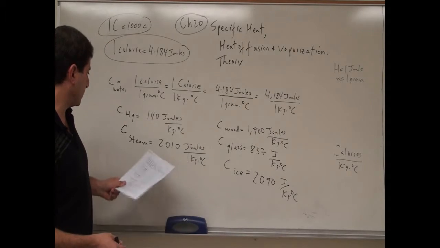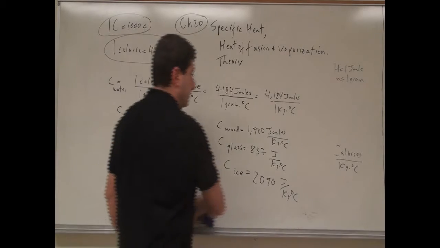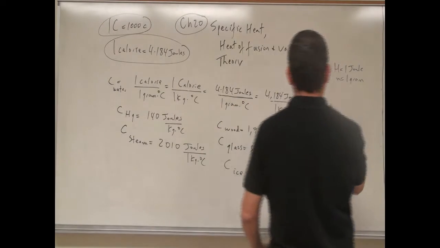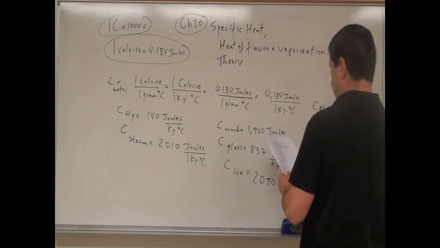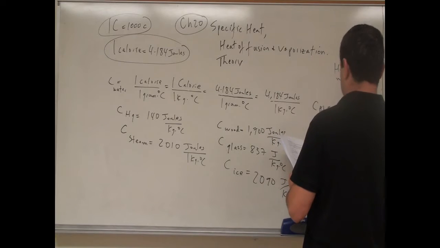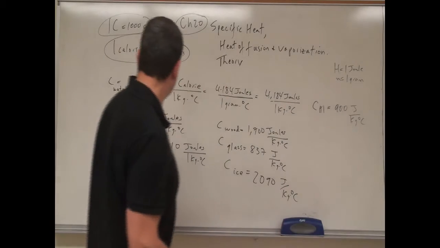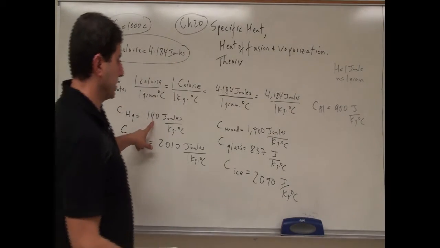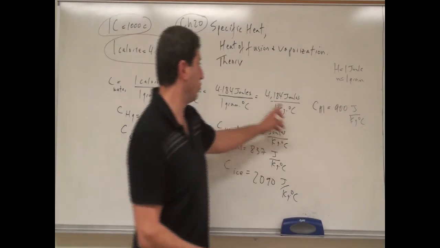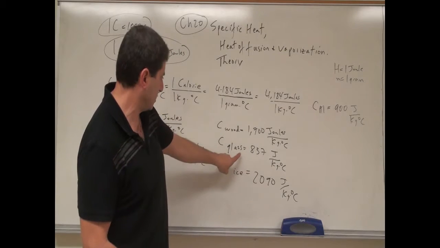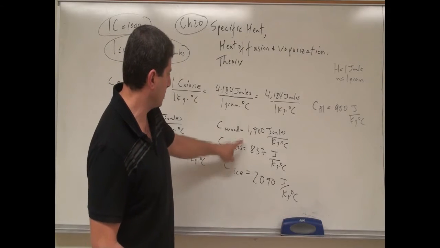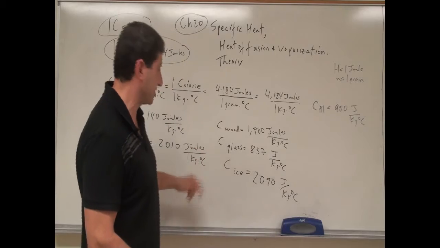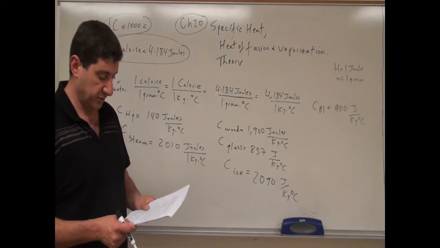So now we have the specific heat of aluminum. Specific heat of aluminum is going to be 900 joules per kilogram Celsius. So it's more than mercury's, but again, a lot less than water, and it's a little bit more than glass, but it is a lot less than wood and ice, right? So aluminum is 900.